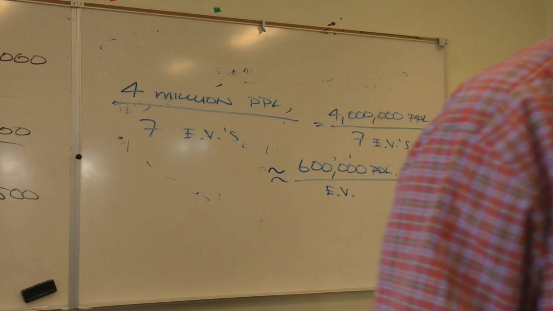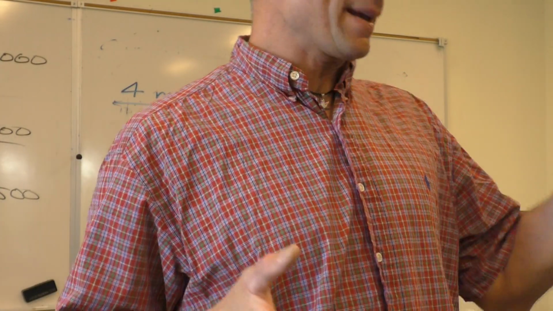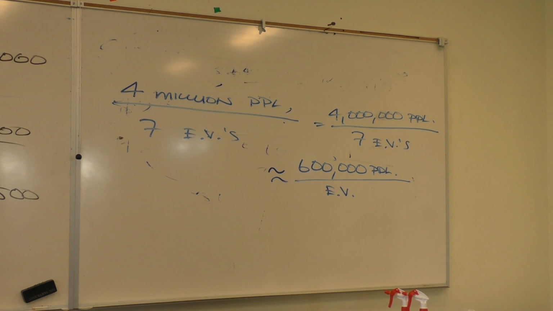Because our popular vote kind of does, but electoral votes definitely do. So I'm trying to find the equivalence between those of us in the population of Oregon and the votes that actually put the president in the White House. So 600,000 of us in Oregon are equal to 1 of those electoral votes. Fair enough so far? Okay, thank you, my friends. That's all I'm looking for. Okay, good. Next page.